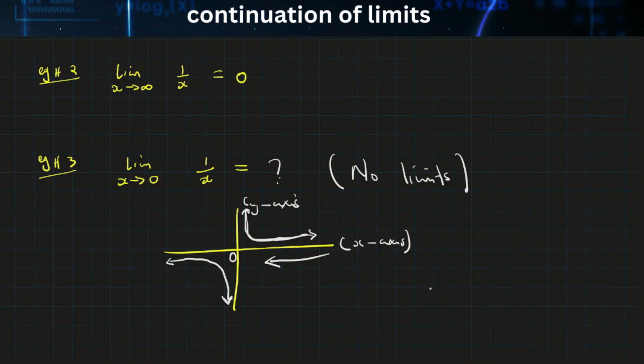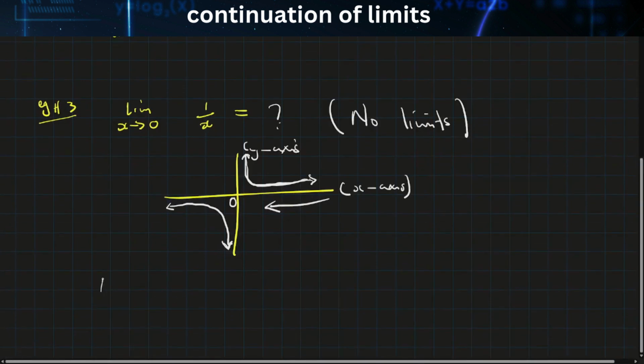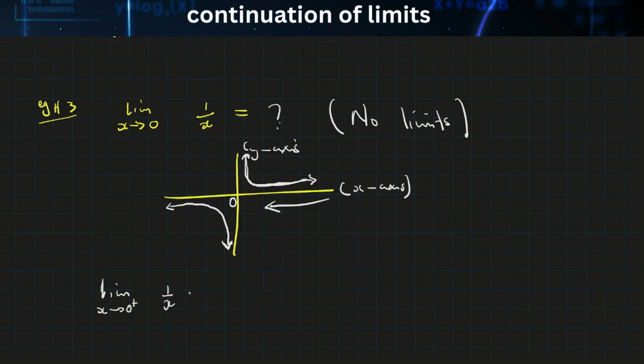And how do we describe this? We are going to say, as x approaches 0 from the positive side, our function, is it going big or is it becoming small? The more we get to this side, our y value is going up in the positive infinity direction.